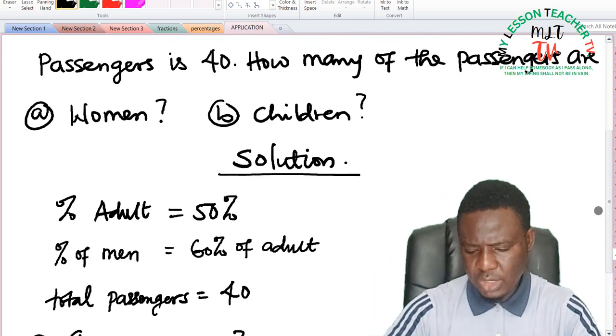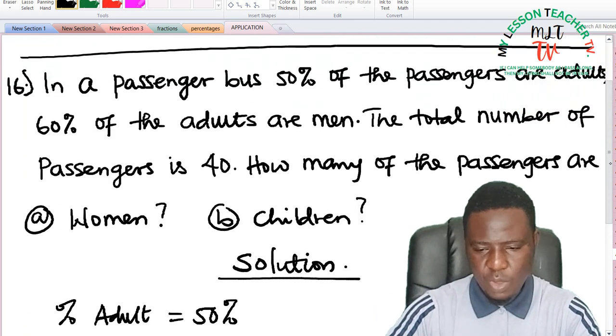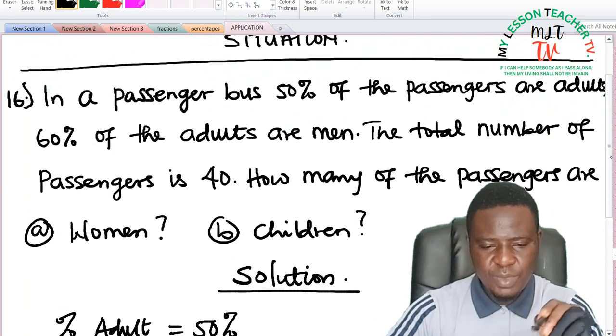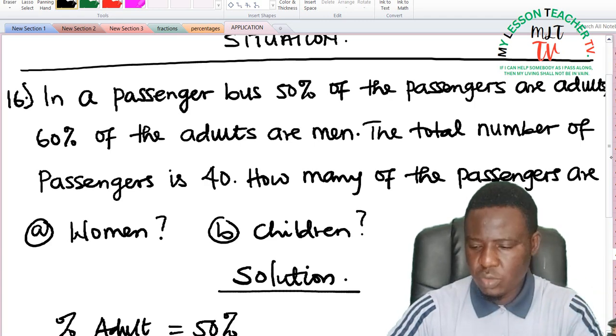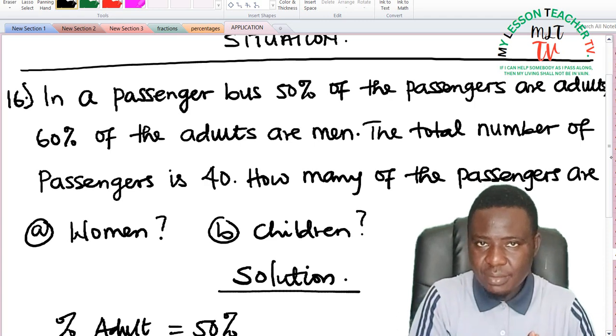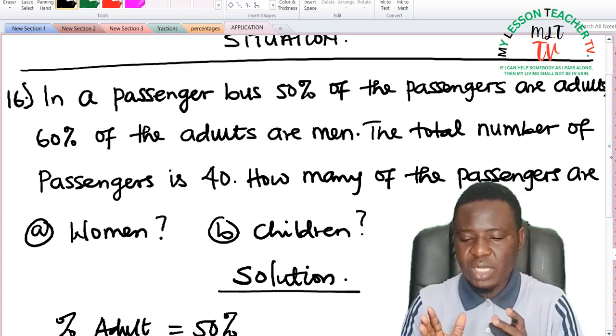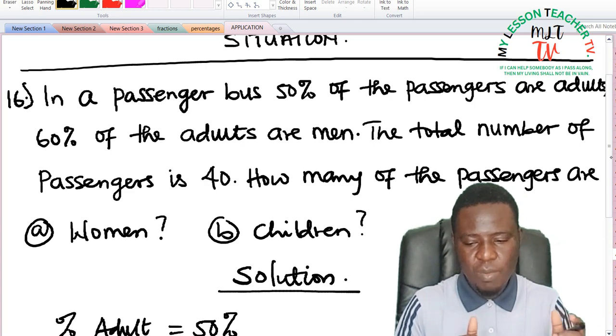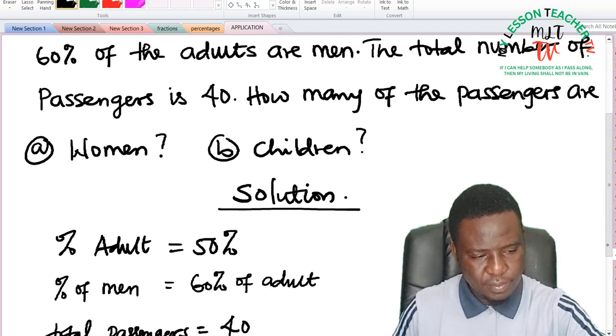Okay, so let's see what we can get from the question. In a passenger bus, 50% of the passengers are adults. That includes both men and women. While 60% of the adults are men, and the total number of passengers is 40. How many of the passengers are women? So let's see.